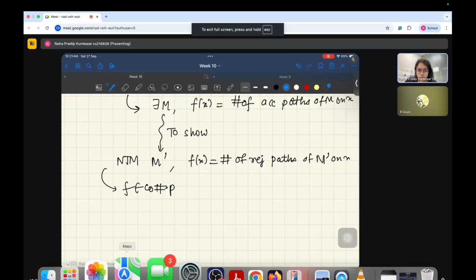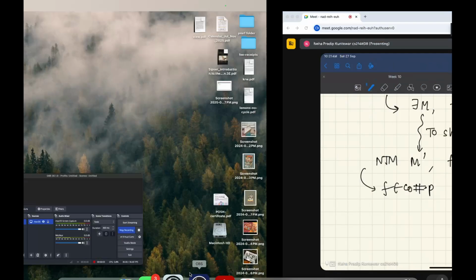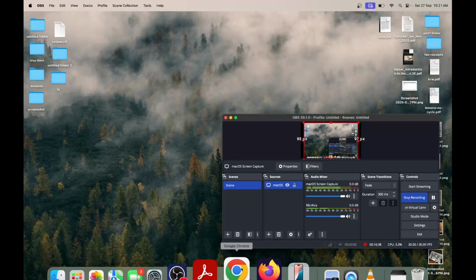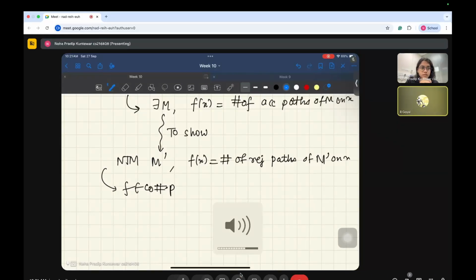I am unable to think straightforwardly. But how many paths?